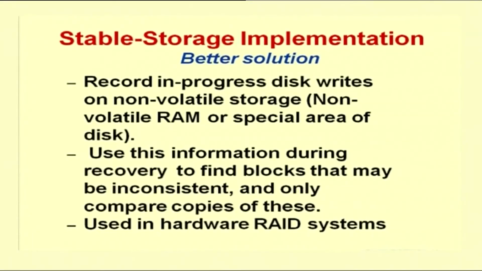The expensive solution is to compare the 2 copies block by block. Every disk block you compare, this block you have copied in 2 places, whether the 2 copies are the same, but that is a very expensive operation. So, you go for a better solution. What is the better solution? Record the disk writes in progress on non-volatile storage, like non-volatile RAM or a special area of disk, and use this information during recovery to find blocks that may be inconsistent, and only compare those copies.